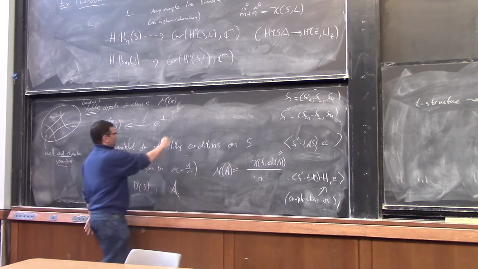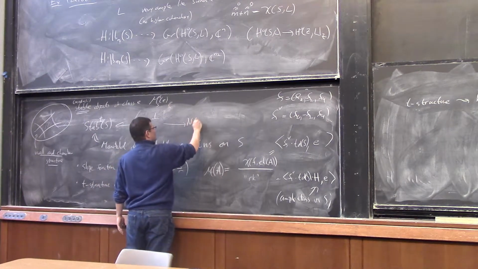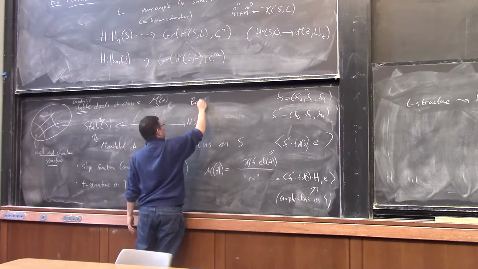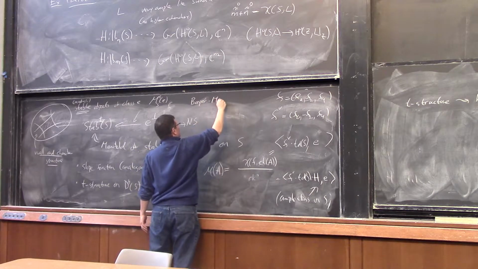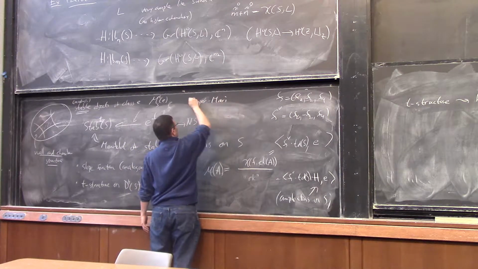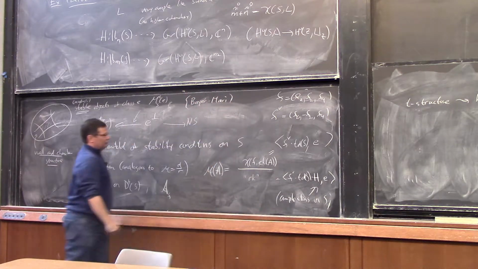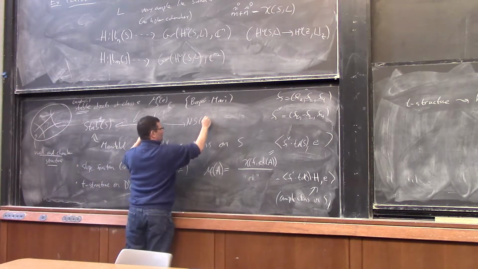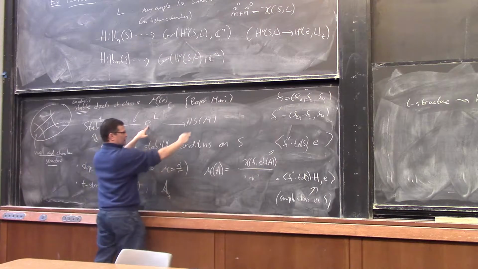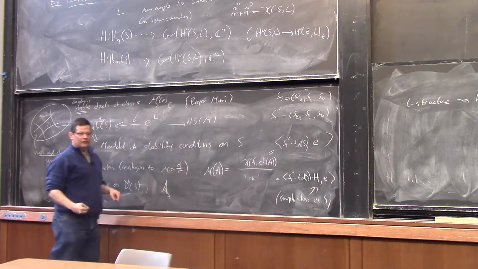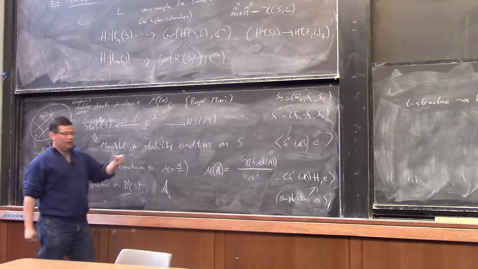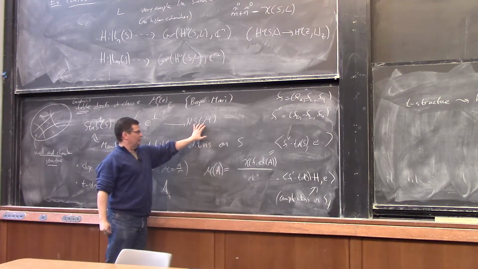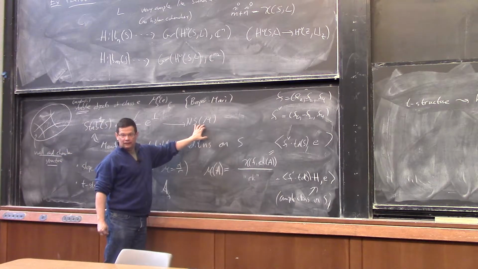And the really great result of Bayer and Macrì says that these walls and chambers match up. So I get a wall and chamber structure on here from looking at the walls and chambers for the minimal model program, on the line bundles on a model of the moduli space.